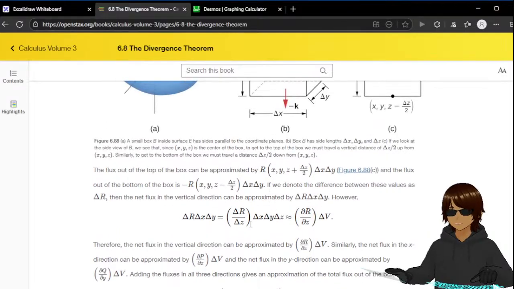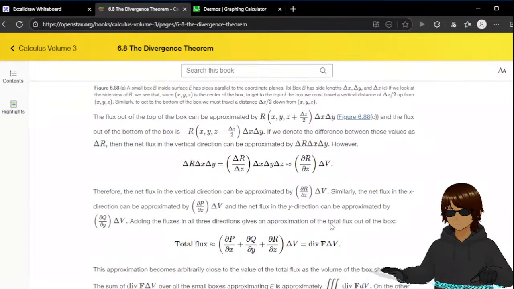So this can be written as this, which can be written as this. Therefore, the net flux in the vertical direction can be approximated by the partial derivative of R with respect to z times delta V.